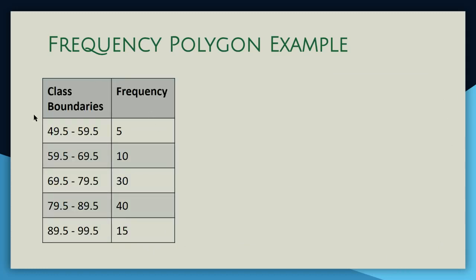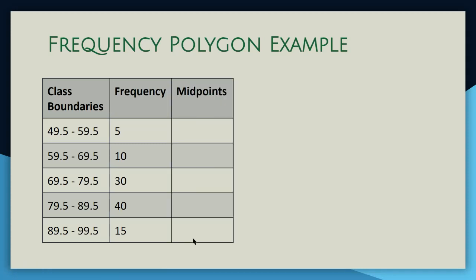So here's the table as it was given to us. We're going to tack on an extra column for our midpoints. That second step list was to then use the midpoint formula. Midpoint is lower bound plus upper bound divided by 2 to calculate those midpoints.